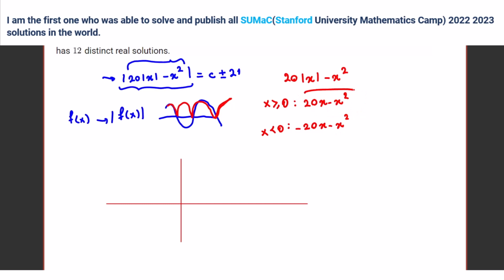What are the roots? The roots are 20 and 0, because it is x times 20 minus x. Does it open up or down? Opens down. And the vertex is what? Vertex is negative 10, 100. No, sorry, I am doing it wrong.